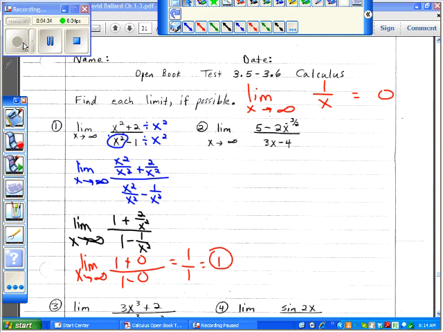Now let's talk about the asymptote rules. If we think about the asymptote rules, the exponent in the numerator and denominator is the same. And when we use the rules of rational functions, we said that if the degree of the numerator is the same as the degree of the denominator, then there is a horizontal asymptote in a certain place.